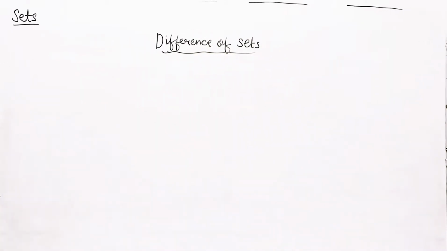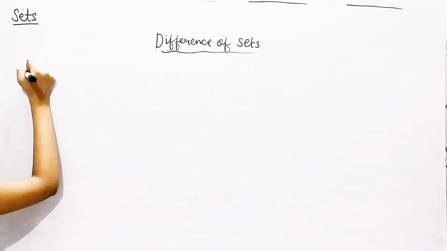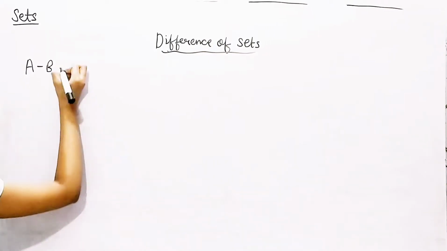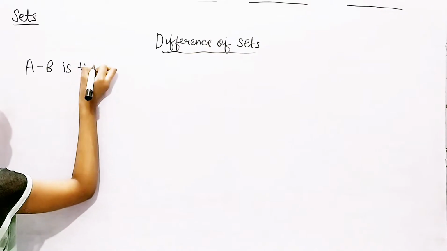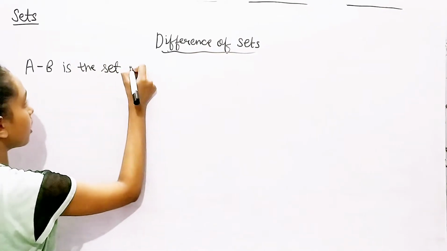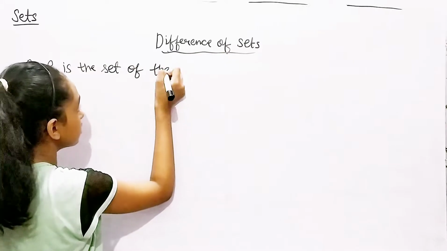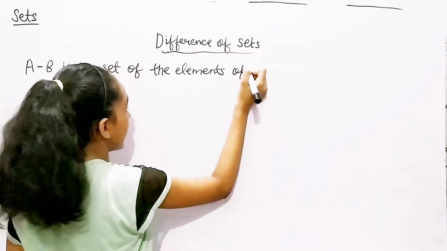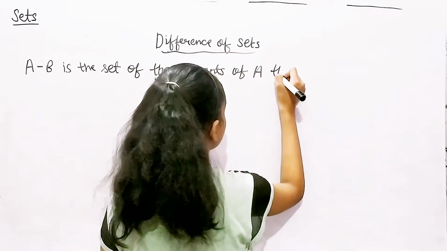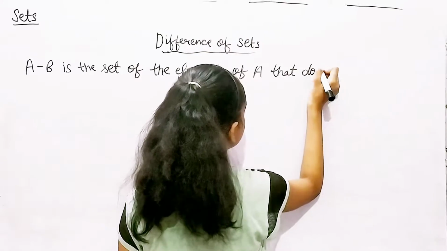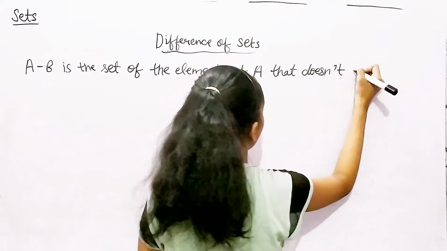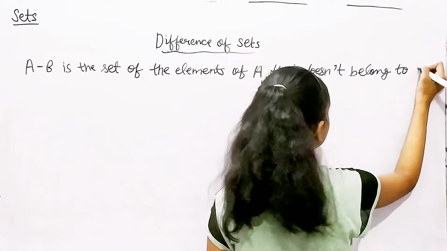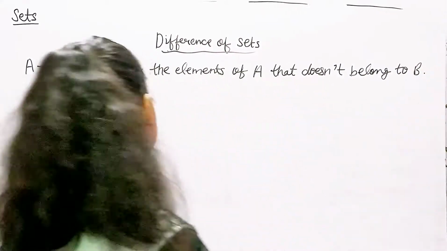So what I was saying is that A minus B is the set of the elements of set A that don't belong to set B. This is what difference of sets is.